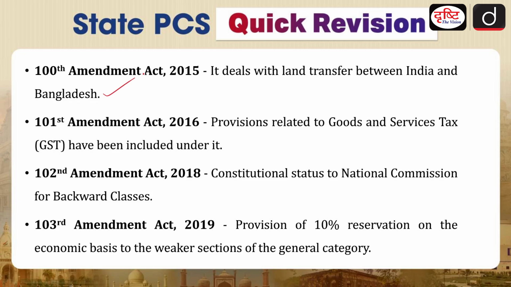Okay. The 101st Amendment Act 2016 is about GST. Then the 102nd Amendment Act 2018 is about constitutional status to the National Commission for Backward Classes. Then we have the 103rd Amendment Act 2019, talking about EWS, economically weaker sections reservation, that is 10%.